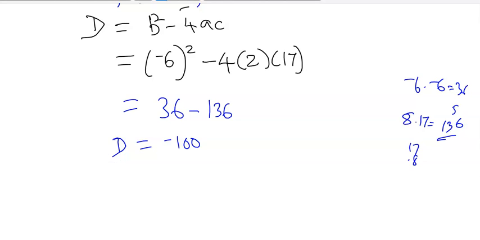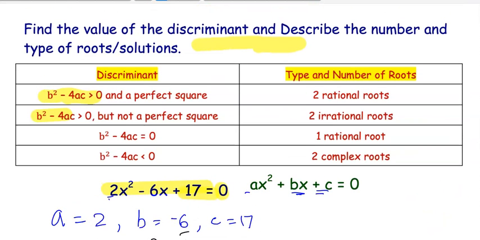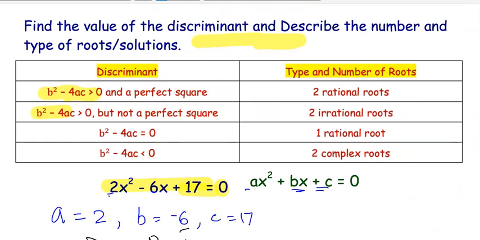And compare this value, the discriminant, with the given chart. You are seeing a negative number, right? Greater means positive, right? This is also positive. This is equal to 0. This is the thing we are looking at. The discriminant is a negative number, less than 0.